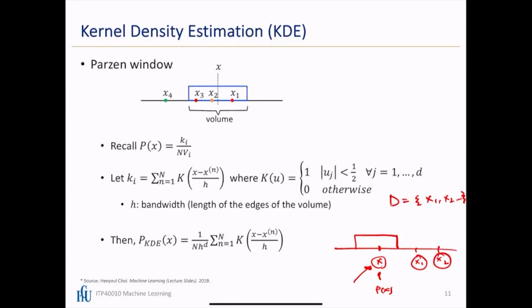If my data is distributed in this way, Px is 0. But say, fortunately, there is one additional data point around X, say here is X3, then I have a count, where K will give me 1.